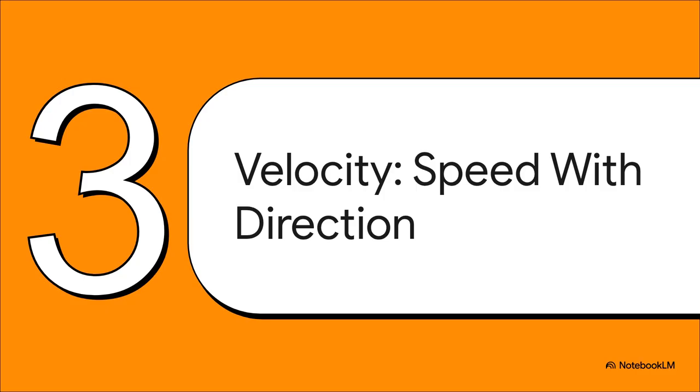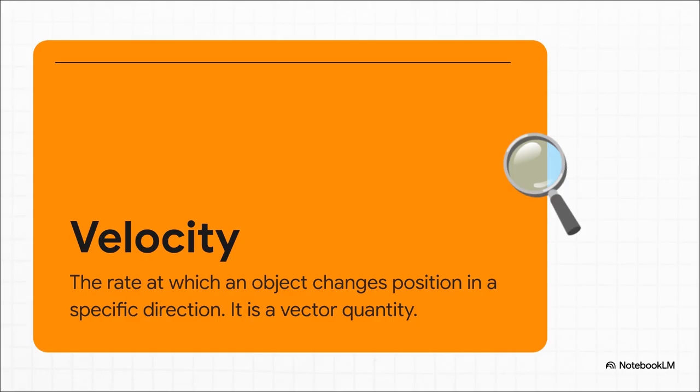Let's build on that. Now we are ready to tackle velocity. This is where we add that extra, crucial layer of information we were talking about: direction. So, velocity is the rate that an object's position changes. But, and this is the big but, in a specific direction. The moment you say north, or up, or to the left, you're not talking about speed anymore.